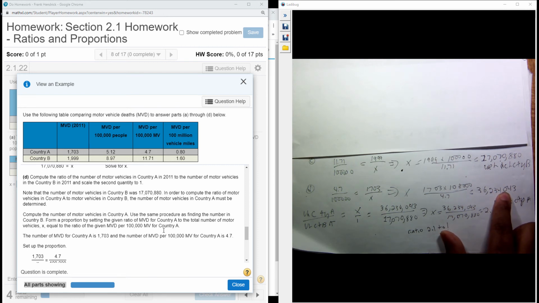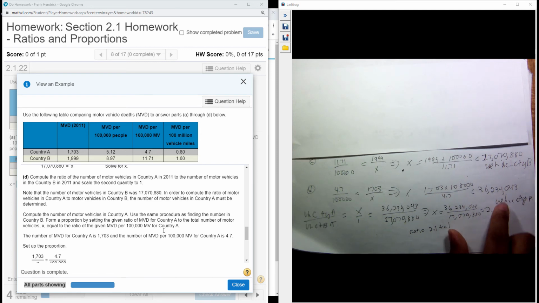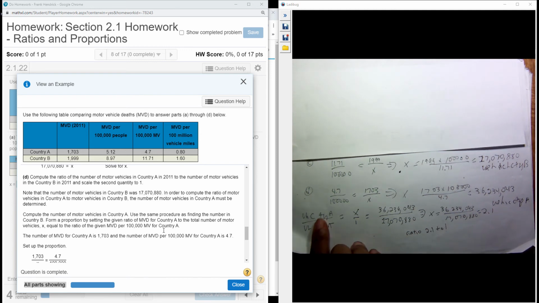So then they ask us to set the ratio here of A to B vehicles. So vehicles in country A to vehicles in country B, and scale the second quantity to 1. Okay.